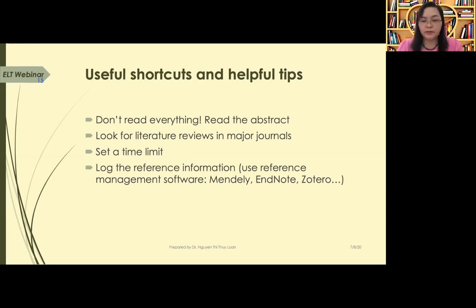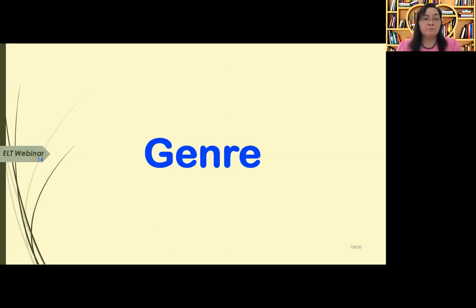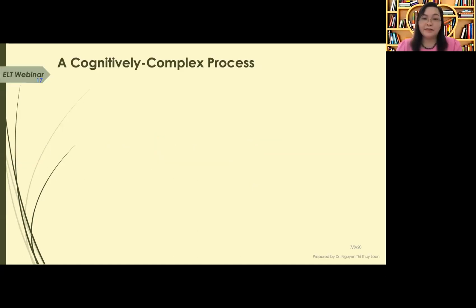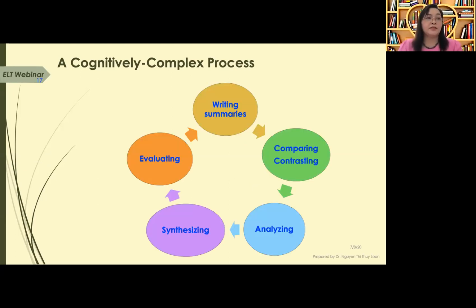Okay, so now let's move on to the second part of my sharing today. From collecting the literature, now how to write. You see from my sharing that when you do the reading, you do a lot of cognitive activities.